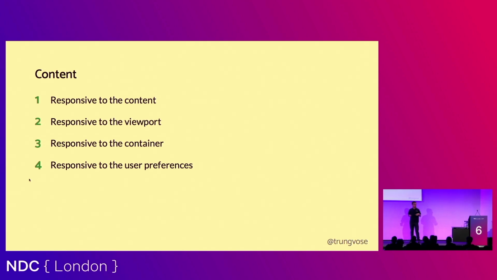And a lot of the time we think about using only media query to solve all of the problem. But there's a different take on it. So we talk about responsive to the content, to the viewport, to the container, and to user preferences.